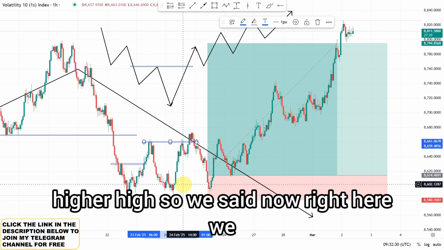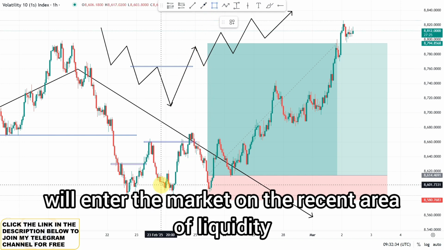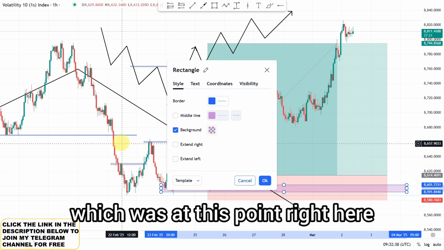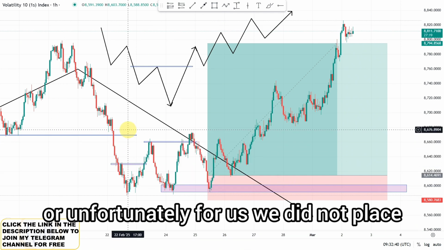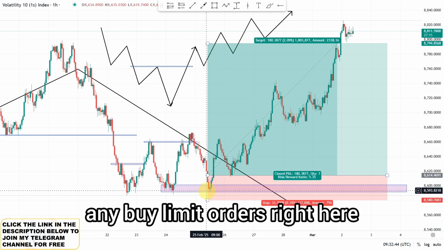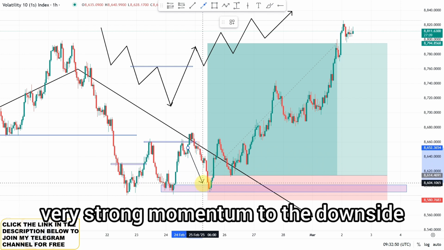So we said now right here we will enter the market on the recent area of liquidity, which was at this point right here. But lucky for us, or unfortunately for us, we did not press any buy limit orders right here because of the way this market was moving with very strong momentum to the downside.